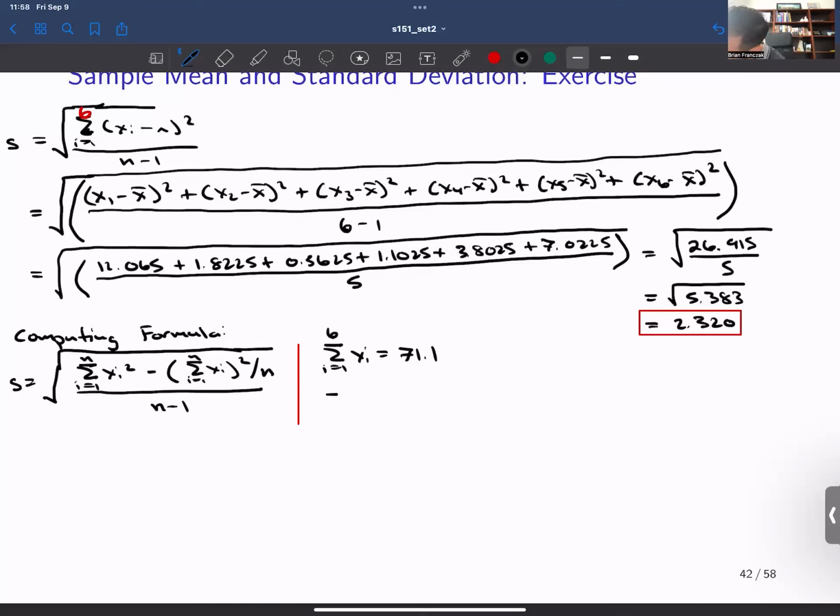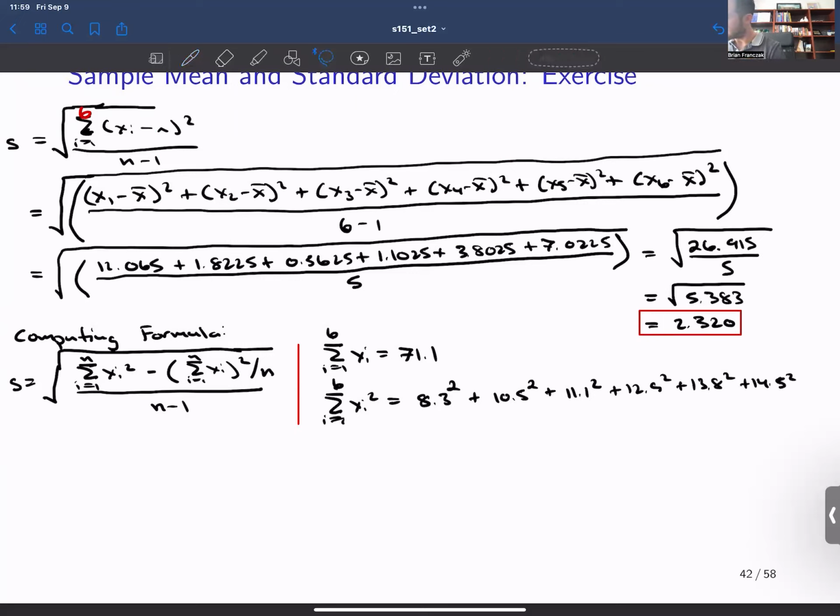All right, so what is the sum from i equals 1 to 6 of xi squared? Well, this is going to be 8.3 squared plus 10.5 squared plus 11.1 squared plus 12.9 squared plus 13.8 squared plus 14.5 squared.